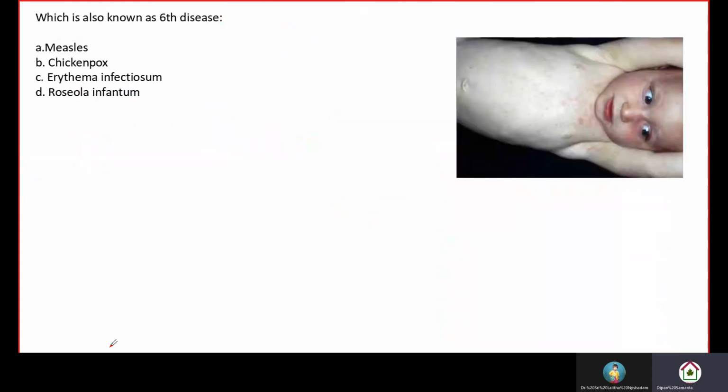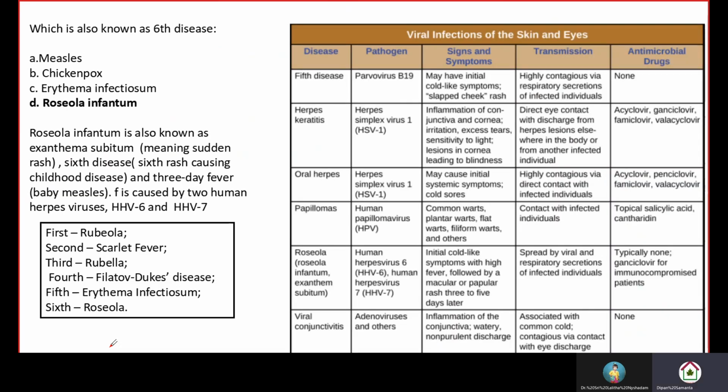Okay, next question. Which is also known as sixth disease: measles, chickenpox, erythema infectiosum, or roseola infantum? The answer will be roseola infantum. It is known as exanthema subitum, meaning sudden rash.